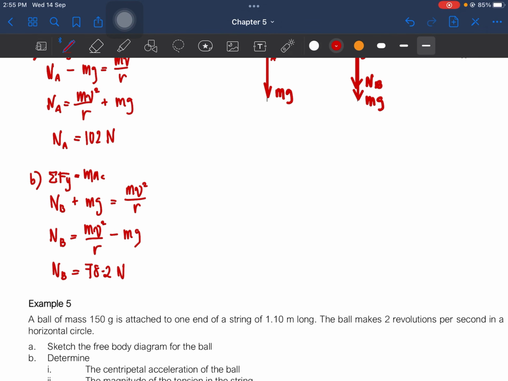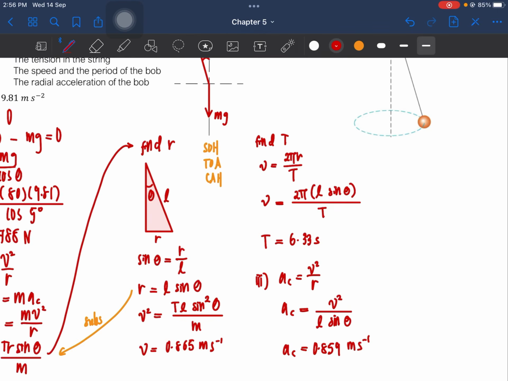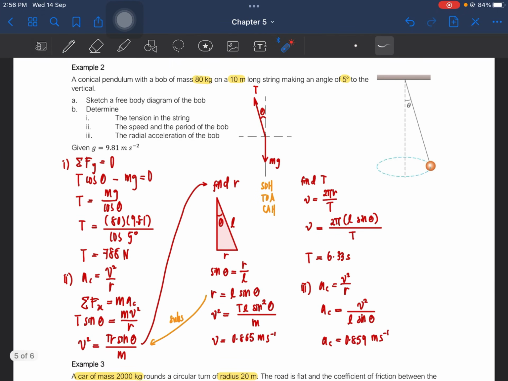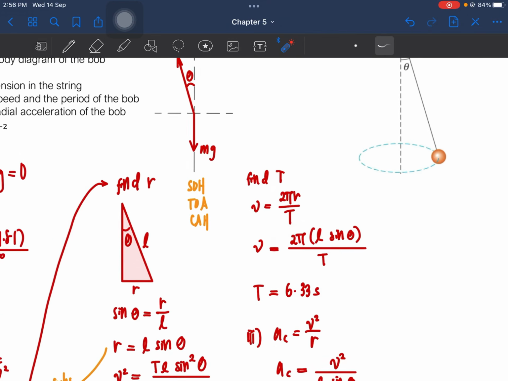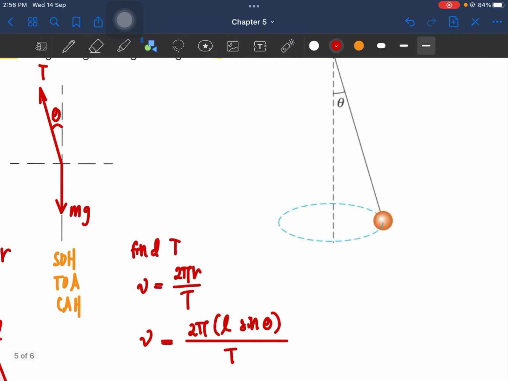Okay, so itu cara solve example number 4. Okay, same thing for this one here. Tadi kan saya cakap semua yang towards the center of the circle positive. Tapi betul lah, it's just easier if you know that if the forces follows the direction of the acceleration, radial acceleration, dia akan jadi positif lah gitu.